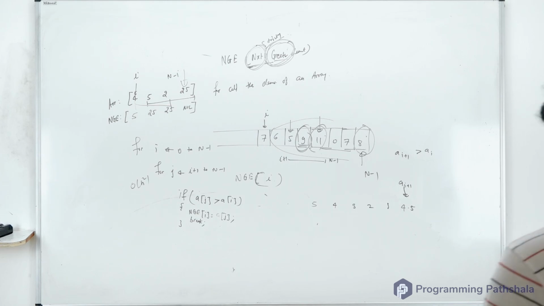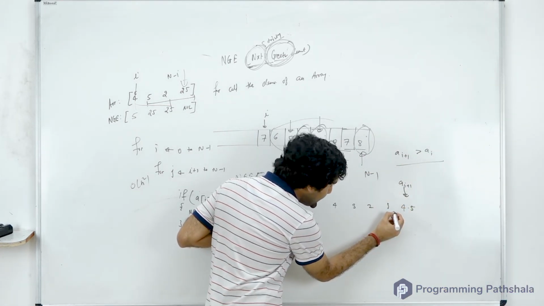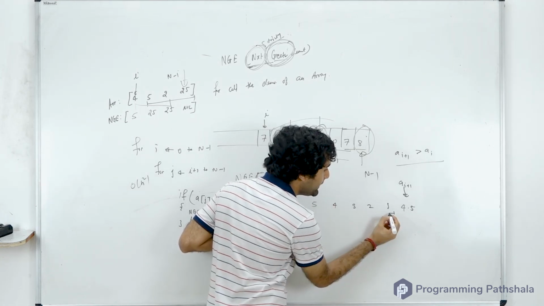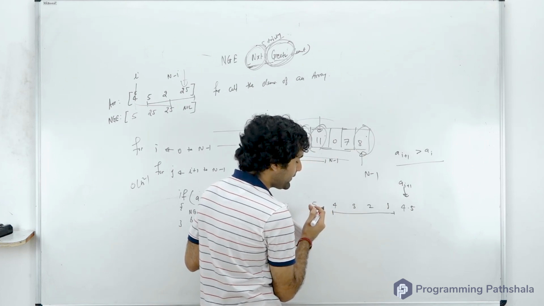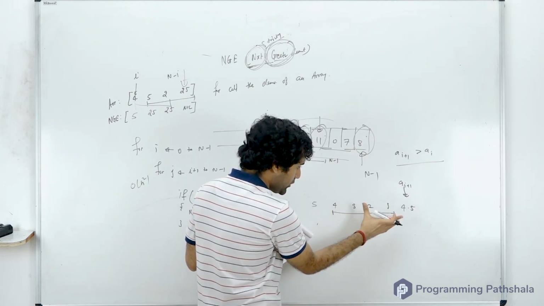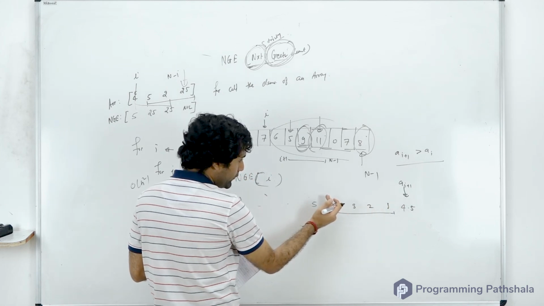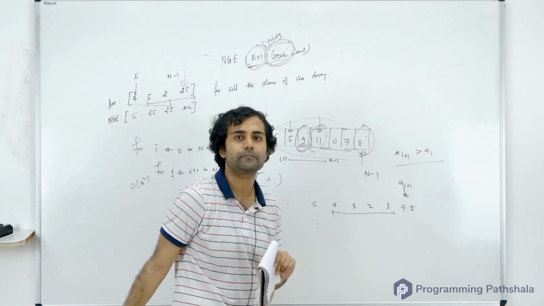4 elements, right? So if this scenario happens, then there will be a continuous streak of elements that can be driven away by this 4.5. The streak can be 1, 2, 3, or it can be complete. So you can immediately get rid of all these elements and declare that 4.5 happens to be their NGE, right?